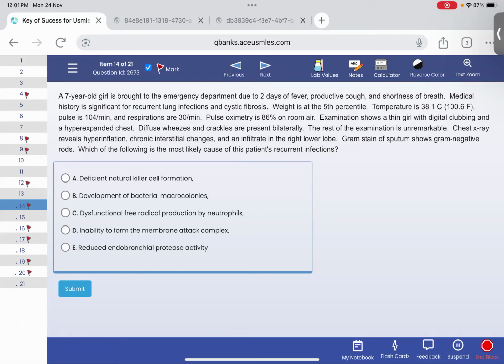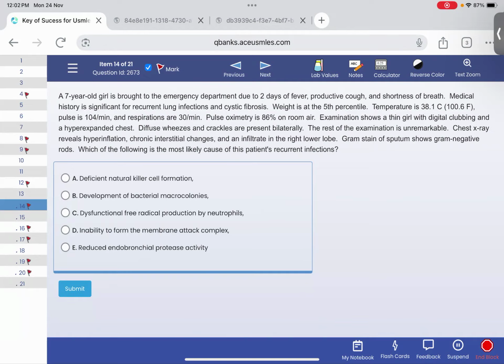Which of the following is the most likely cause of this patient's recurrent infections? A 7-year-old girl is brought to the emergency department due to 2 days of fever, productive cough, and shortness of breath. Medical history is significant for recurrent lung infections and cystic fibrosis. Weight is at the 5th percentile. Temperature is 100.6 degrees Fahrenheit. Pulse is 104 and respirations are 30 per minute.